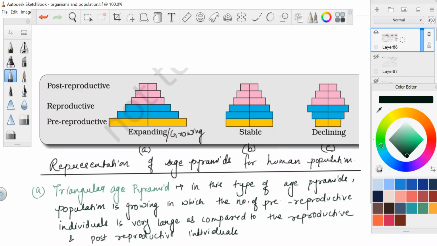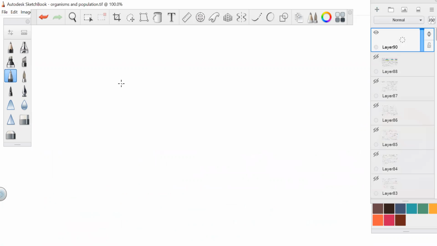Okay. A few points to write. In this triangular age pyramid, what we can see is that it is reflecting a growing and expanding population.